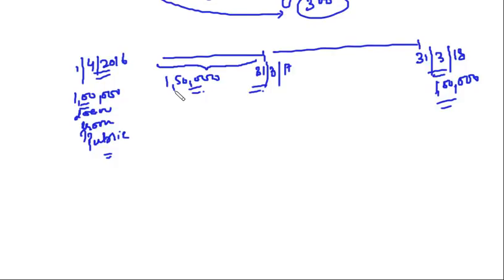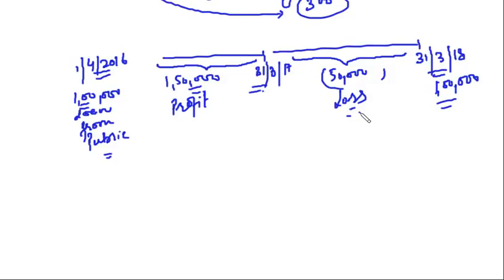You earned a profit of 1,50,000 rupees, and you are very happy that if we are earning the profit at this rate, then we will be able to pay to the debentures next year. But because of some incident in the next year, you earned a loss of 50,000 rupees. This is profit, but here you earned a loss of 50,000 rupees. You could not earn a profit, right?